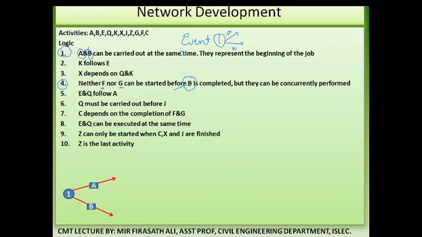F and G are dependent. So after activity B there will be two activities, F and G.